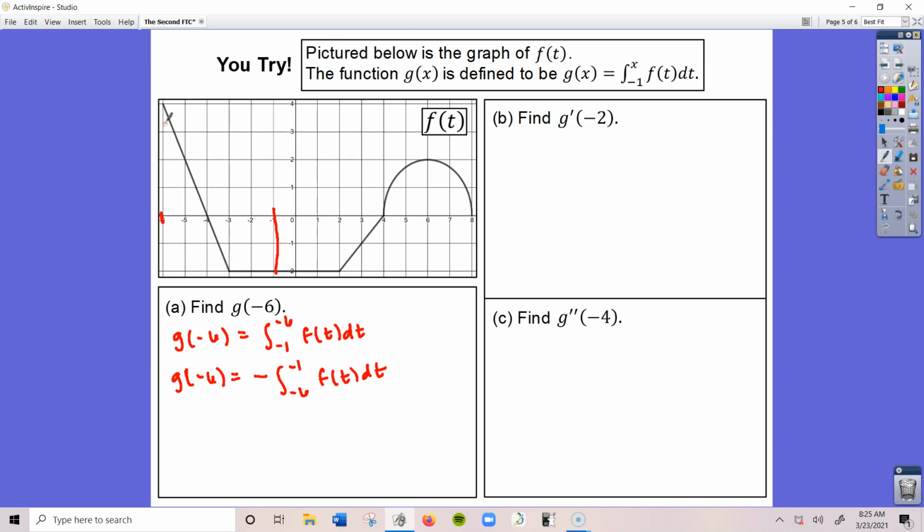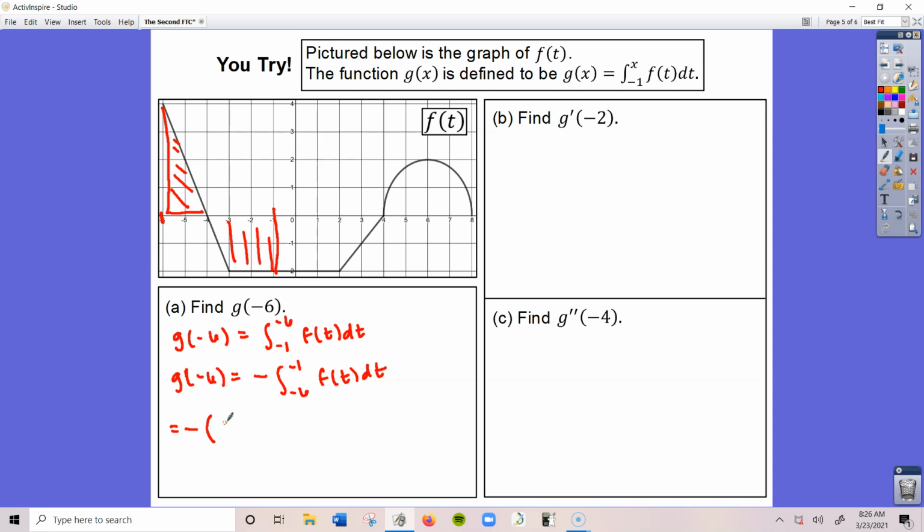Now what we have here is this triangle that's above the x-axis, and then we have this trapezoid that is below the x-axis. So we would make this area positive and this area here negative. So we have this negative on the outside, which I'm going to open parentheses when I calculate this area, because then I'll apply the negative afterwards.